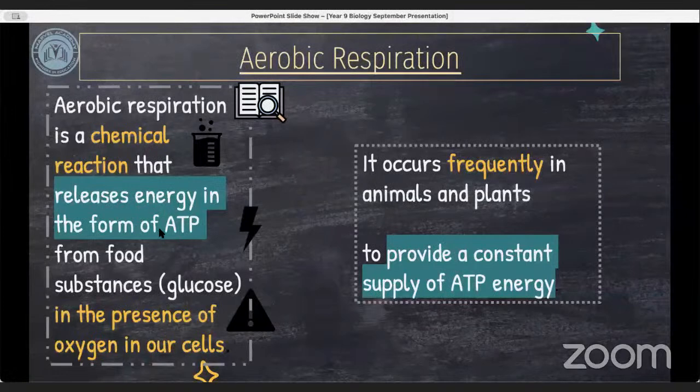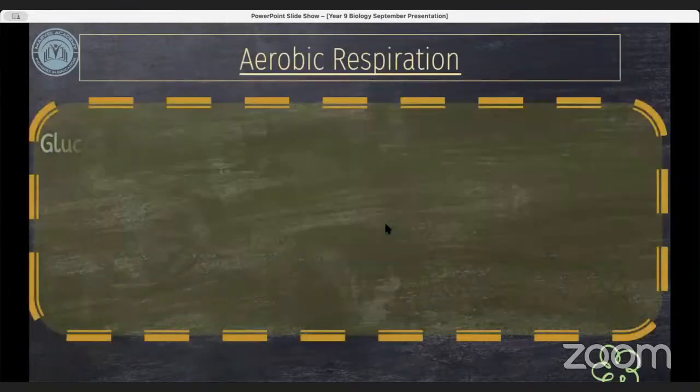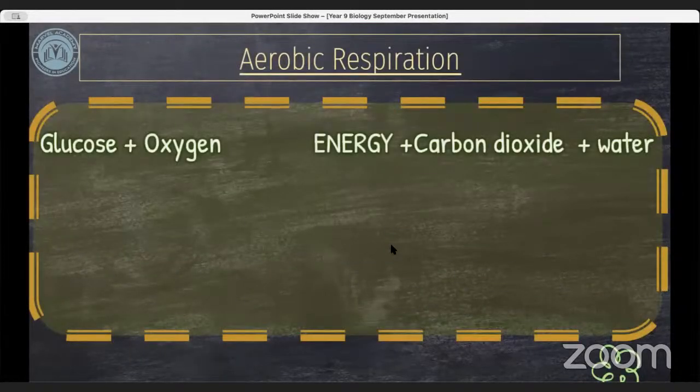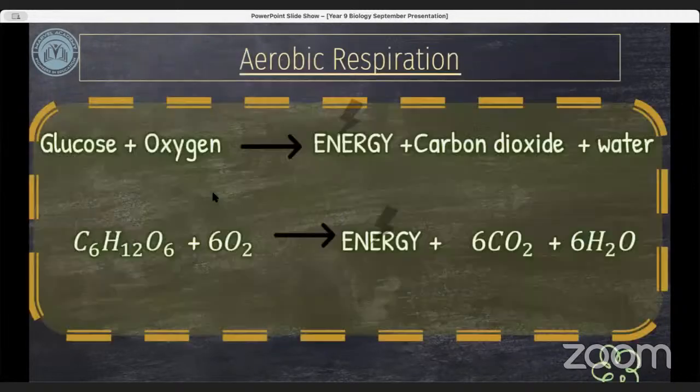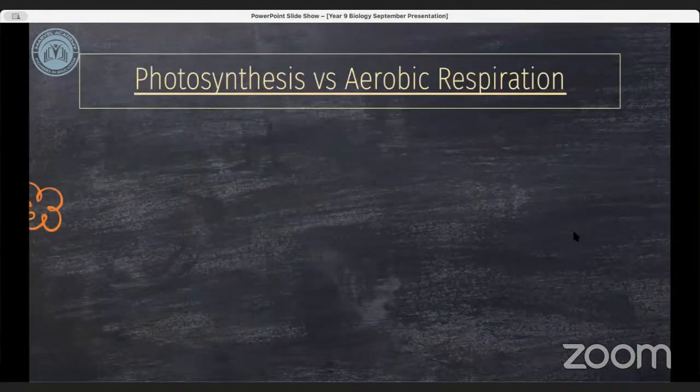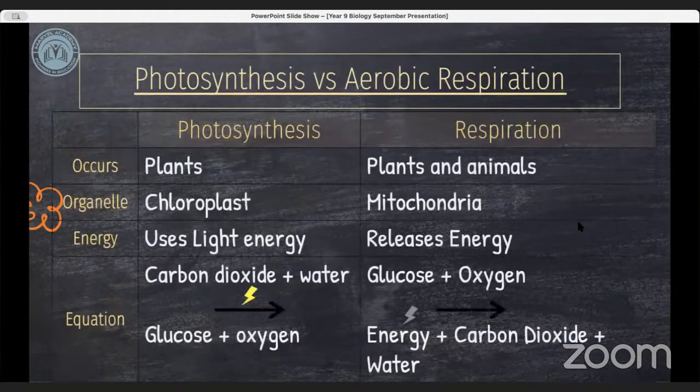What is ATP? Adenosine triphosphate. This is a frequent reaction inside the body. And we learned the word equation. This is the word equation, and this is the chemical equation. And we went through a comparison, children, of photosynthesis and respiration.